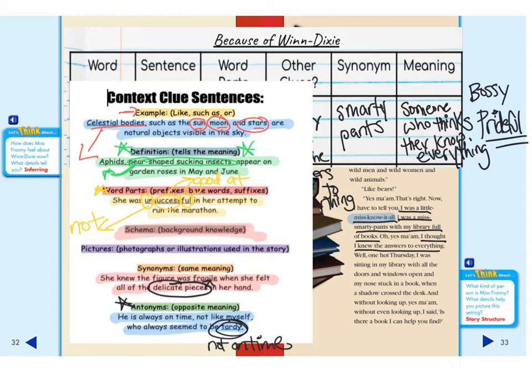Well, I'm noticing that the author said, I thought I knew the answers to everything. So the author gave a definition clue here. He actually gave the definition of Miss Smarty Pants in or around it, which is a clue that helps us understand what it means.